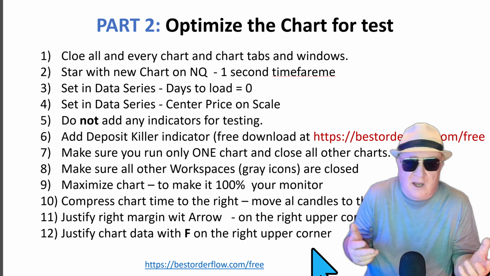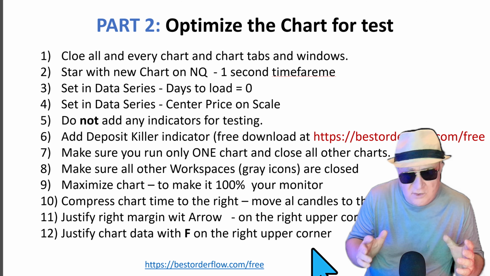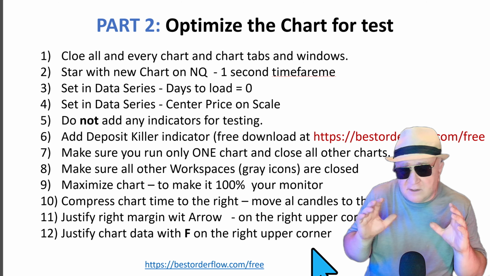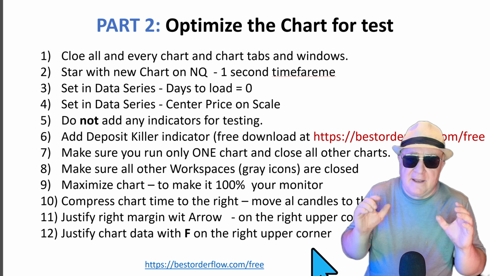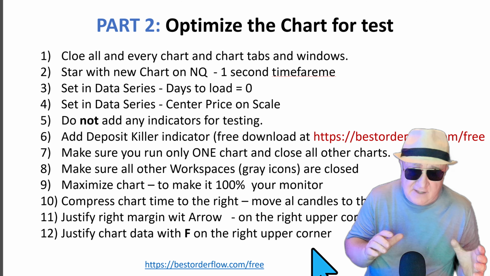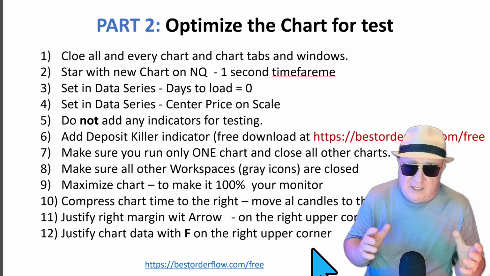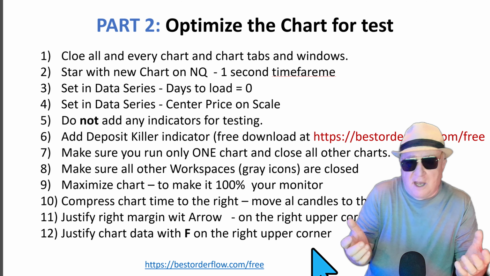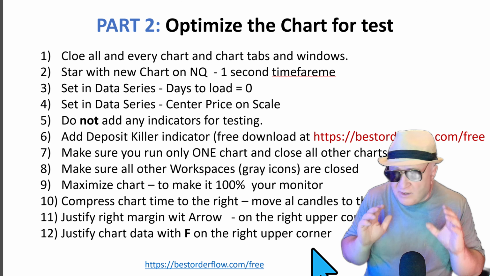So you need to weed all of this out. Start with a new one, especially if you're going to test an indicator or indicators, how well they perform and how much energy they suck out of your CPU.